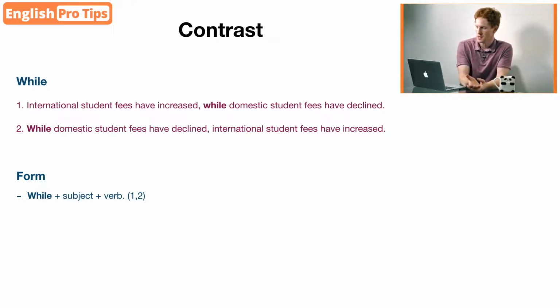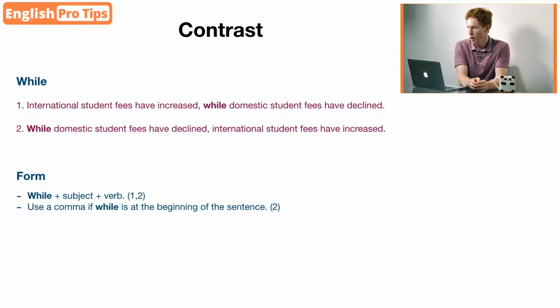And we can see this in sentence number 1 and sentence number 2. So in sentence number 1, the subject is domestic student fees and the verb is have. And likewise in sentence number 2. We use a comma if while is at the beginning of the sentence.